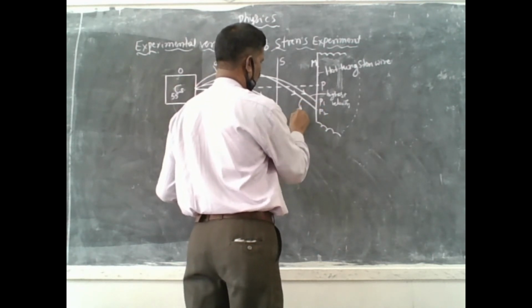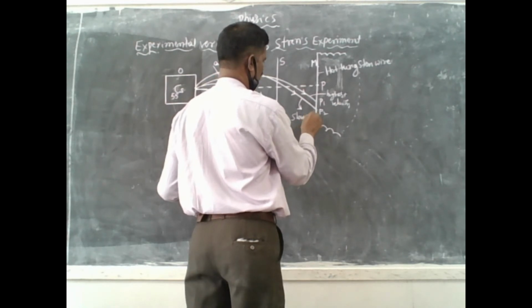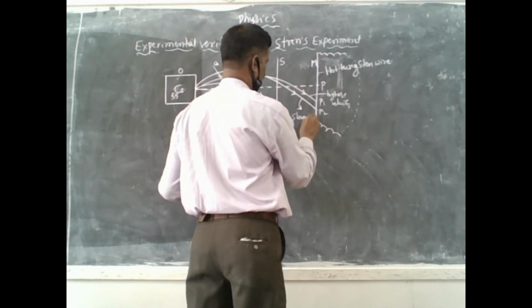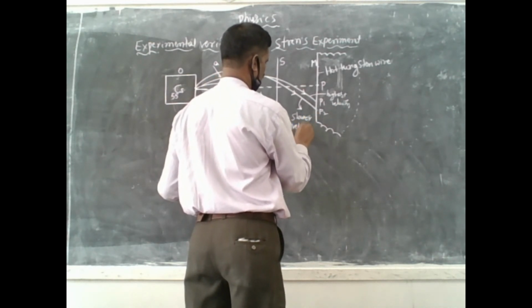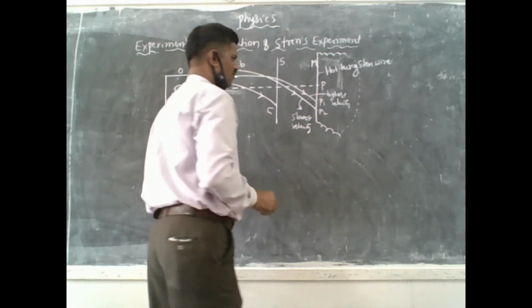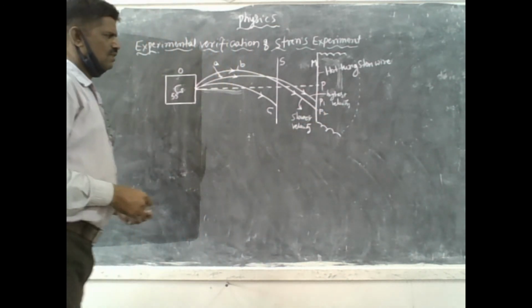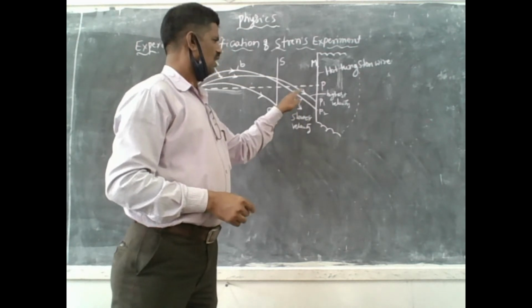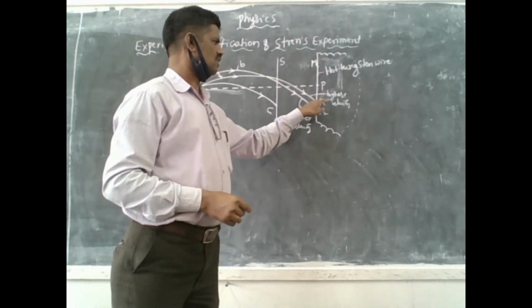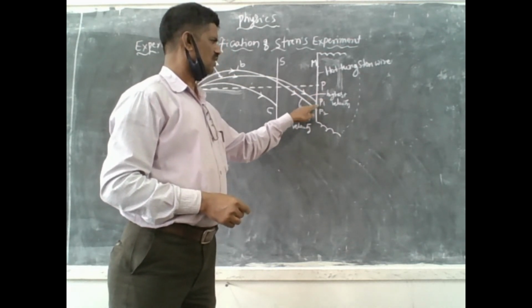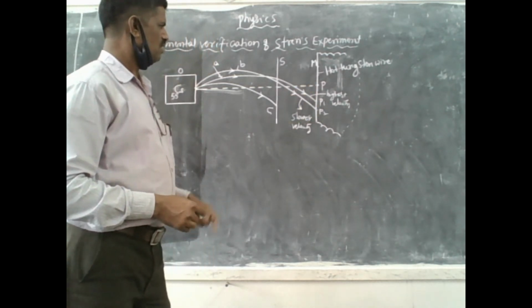This is the slower velocity beam, which is deposited at position P2, and the highest velocity or highest speed molecules are deposited at position P1.